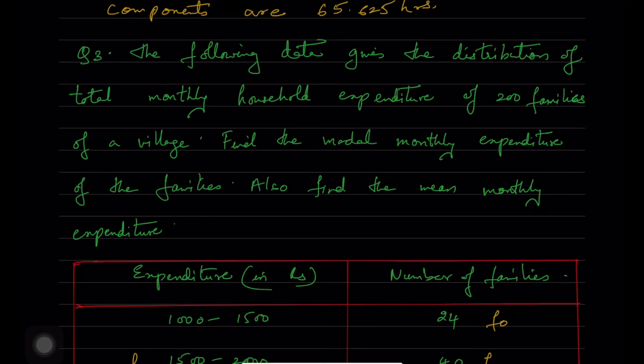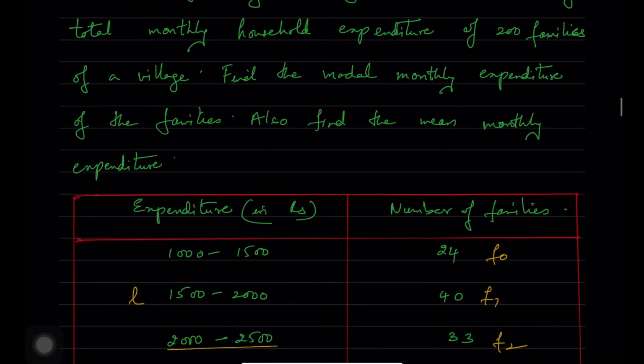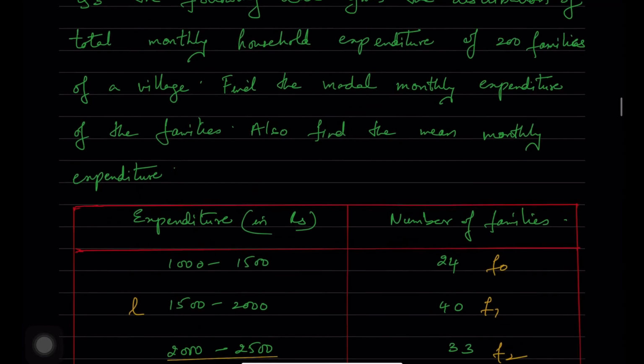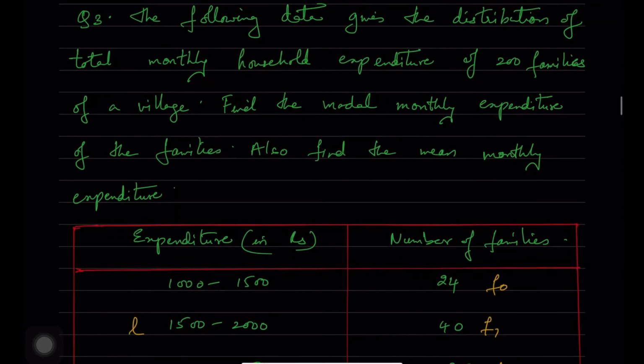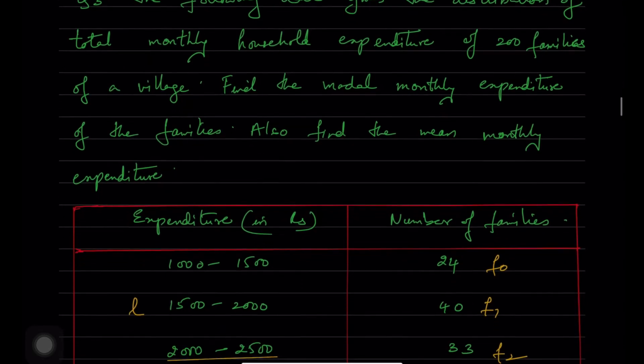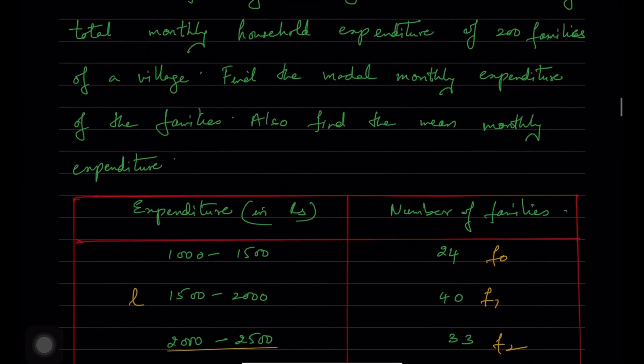So the monthly household expenditure of 200 families is given. So the total number of families is 200, that is, total of fi is 200. Expenditure in rupees is given.